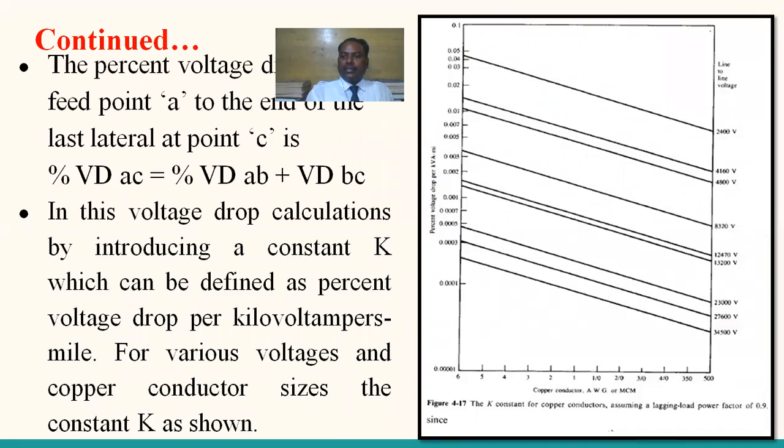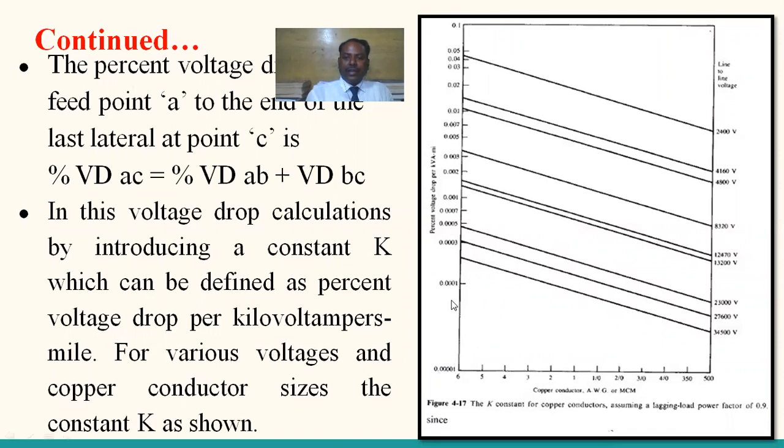Yes, and this side is line to line voltage and this is the value of K for this much voltage and this copper size. The value of K, that is the percent per kVA mile, has to be changed according to the voltage change on the feeder and conductor size changes on the feeder. So all these are to be taken into account. The various values of K are given here.